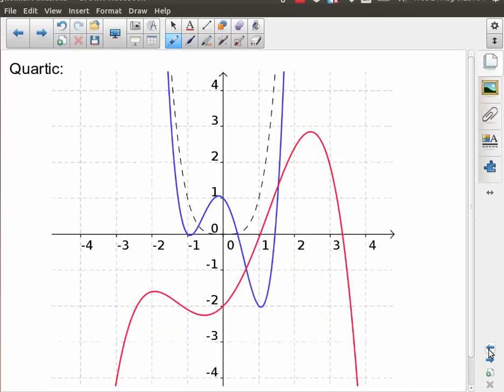Now we switch back to an even, which is like our parabola. And what do we notice about the parabola? Well, the parabola, because it either opens up or down, had a restriction on the range. Well, take a look at this quartic. It also opens up or down. The parent function actually looks very much like a parabola, but depending on how the transformations are done and how the equation is set up, you can actually get these extra wiggles in there.